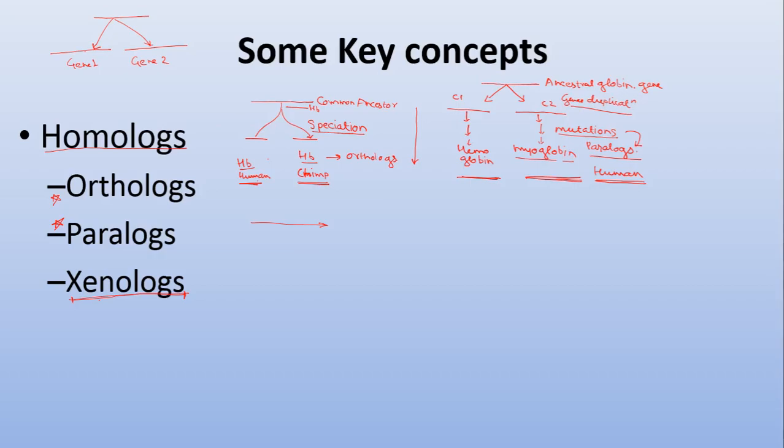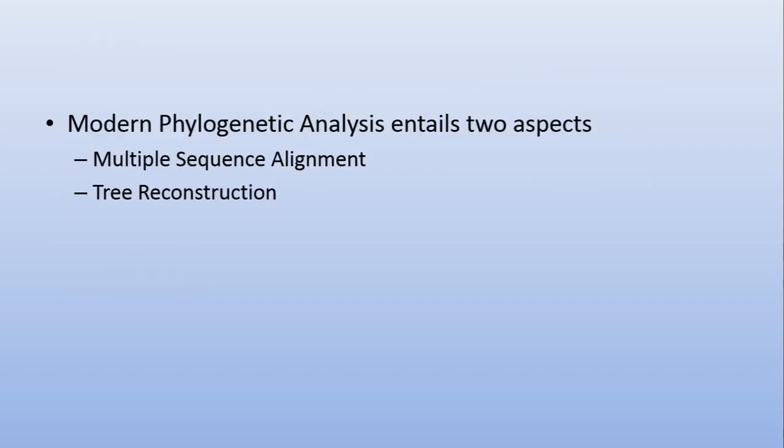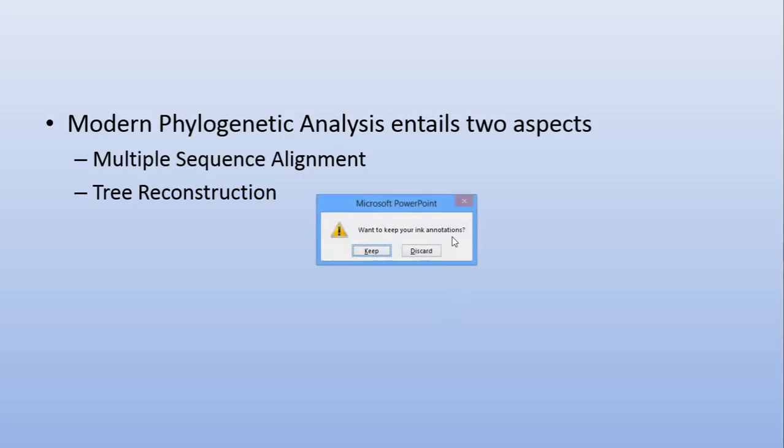If that is what you have understood, the objective of creating this lecture has been accomplished. In our next lecture we will discuss the different methods available for constructing your phylogenetic tree. So this is what I have for you for the time being.